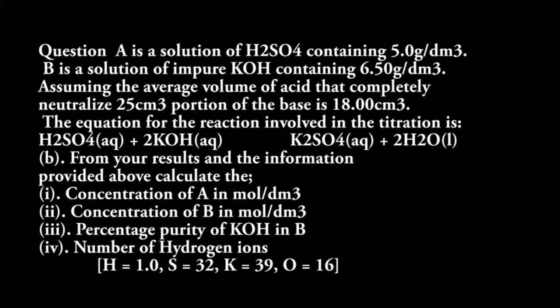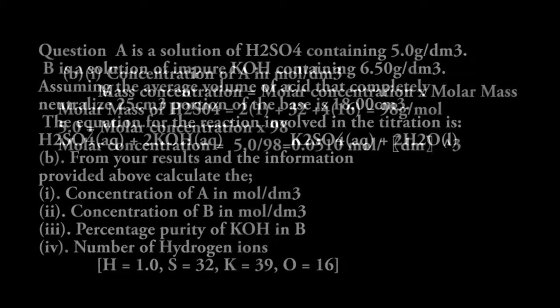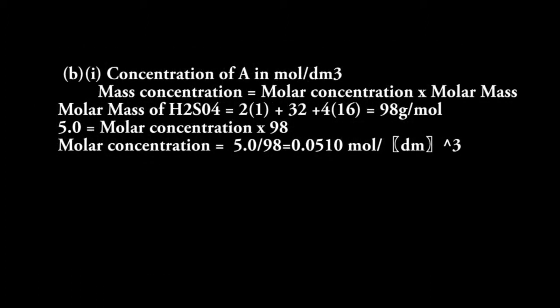Calculate the concentration of A in mole per dm³. To calculate the concentration of A in mole per dm³, we apply our formula. Mass concentration is equal to molar concentration times molar mass.